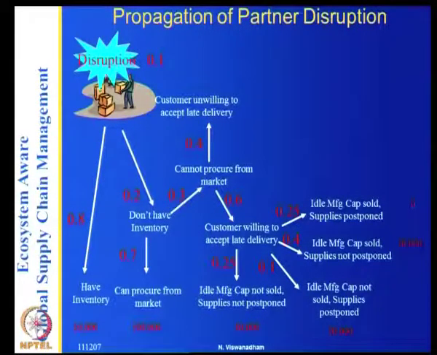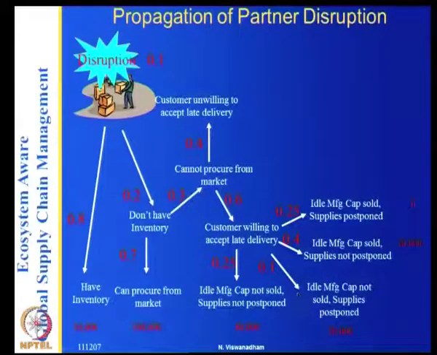Sometimes they agree, sometimes they don't. So you have several cases here. Idle manufacturing capacity sold and supply postponed: that's an ideal situation. Idle manufacturing capacity sold and supply not postponed: that's a very big chance, so you have to maintain the inventory of these supplies.